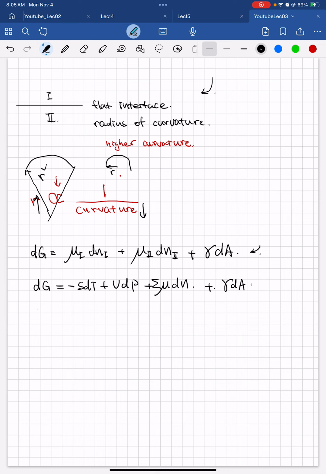Now we have both constant temperature and pressure, so we're left with this: sum of mu i dni plus gamma dA. That's where it comes from. Okay? Back to this model here.